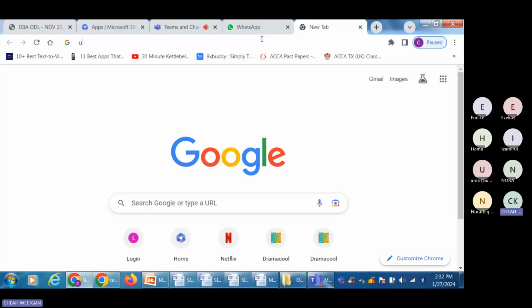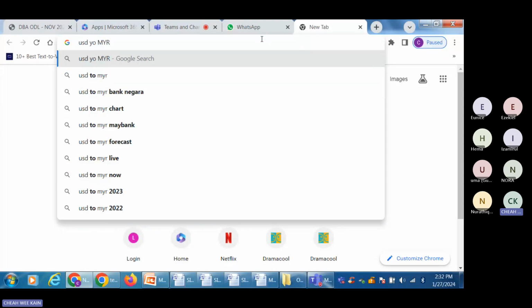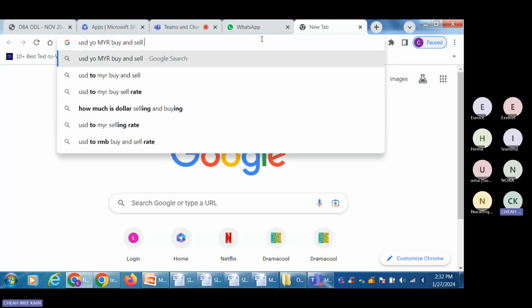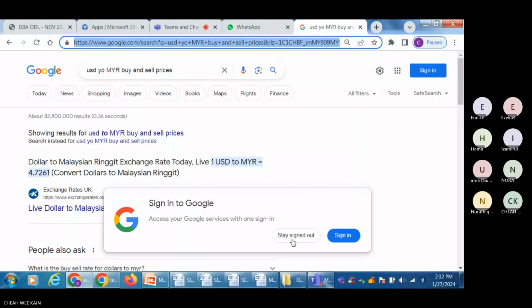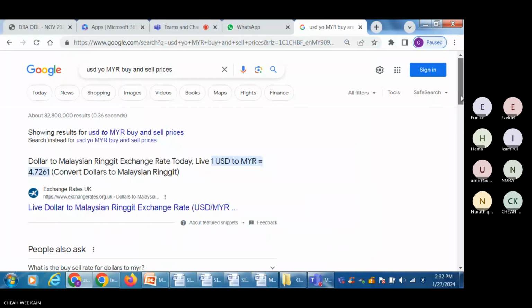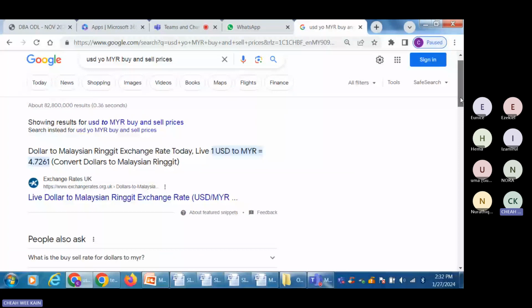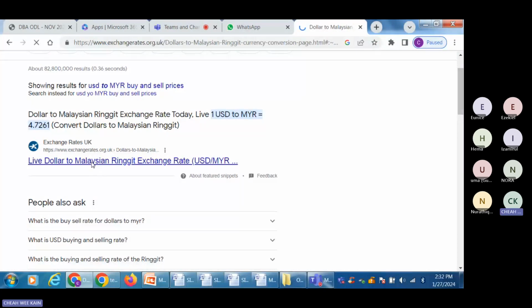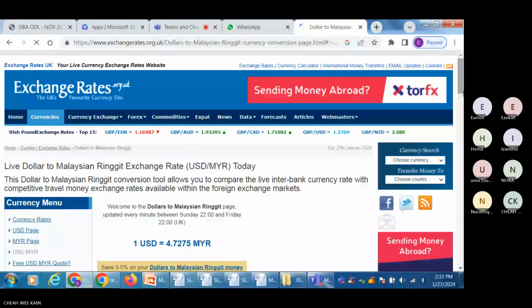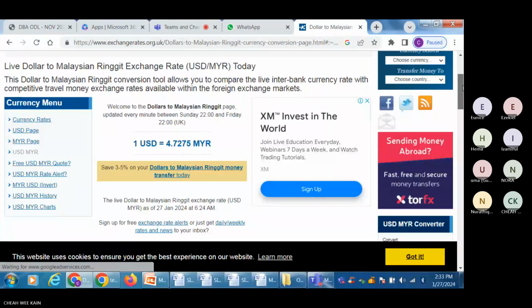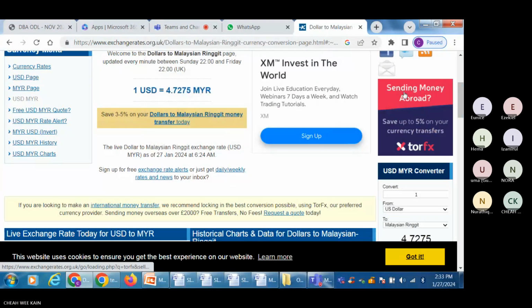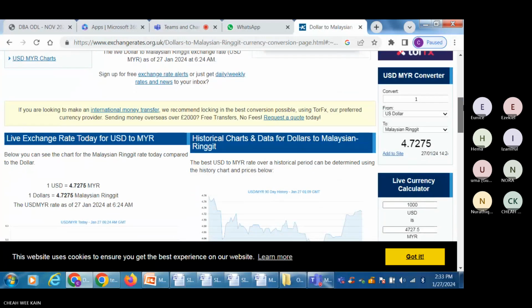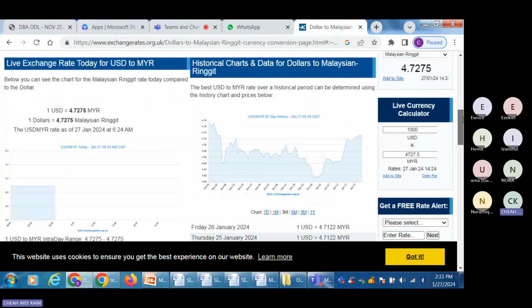US dollar to MYR, buy and sell prices. Four point seven something, the exchange rate.